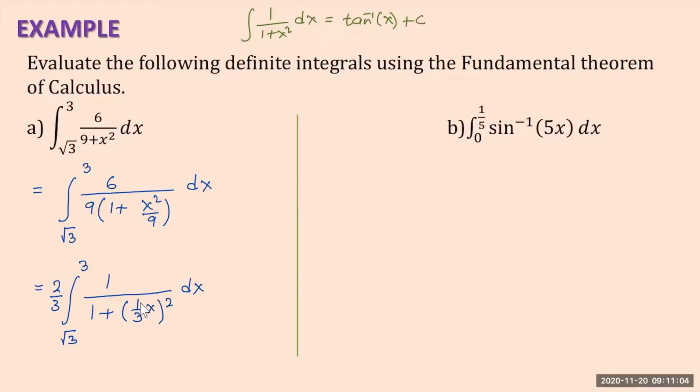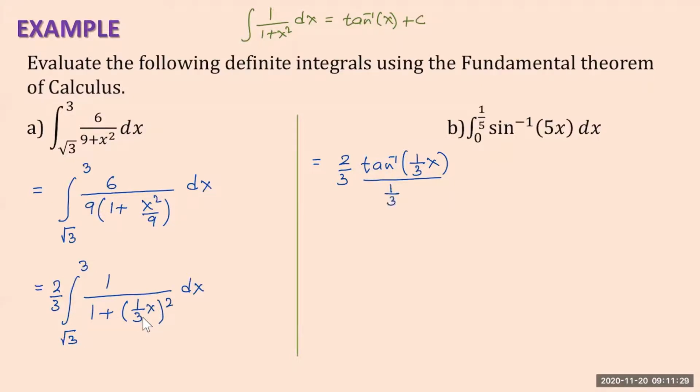Let me write here. So we have 2/3. Now when we integrate this, it will be tangent inverse of 1/3 x, divided by the derivative of that inside function. The derivative of 1/3 x is 1/3.